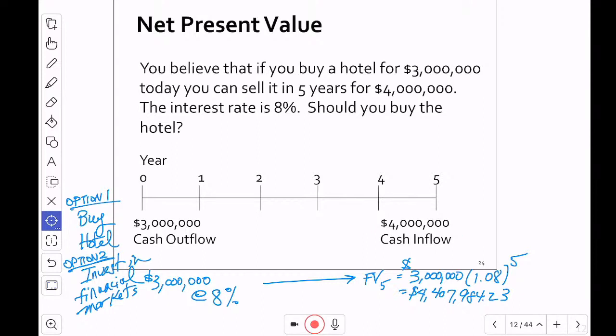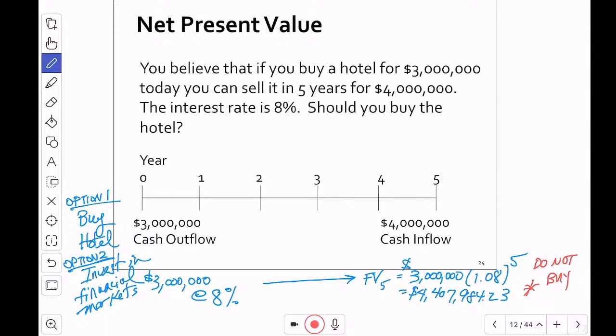So I should go with not buying, because it's more lucrative, relatively speaking, to do the other thing. Earn 8% interest on the $3 million.